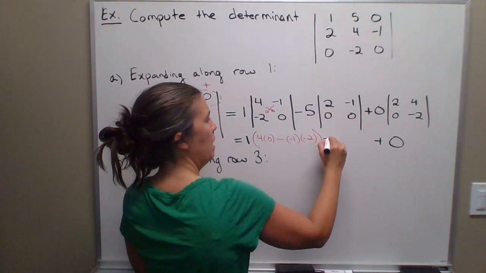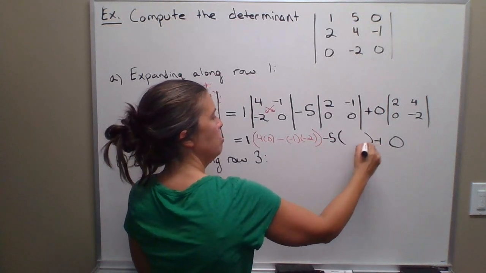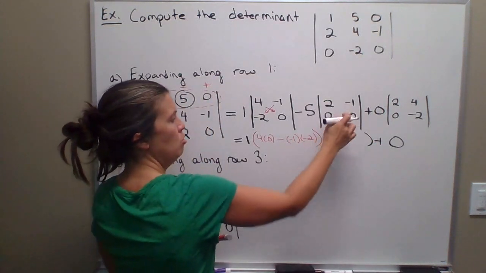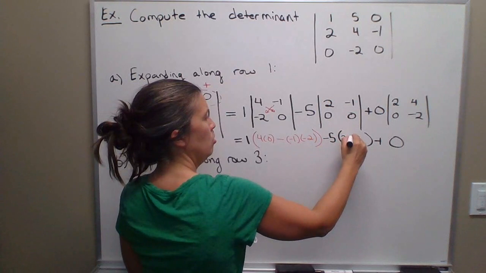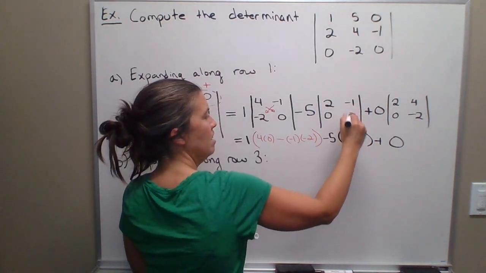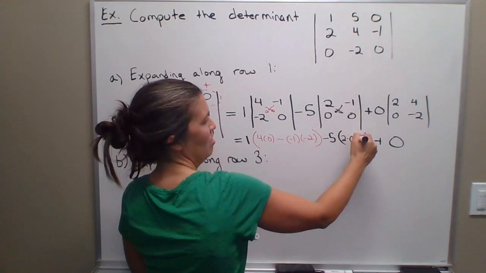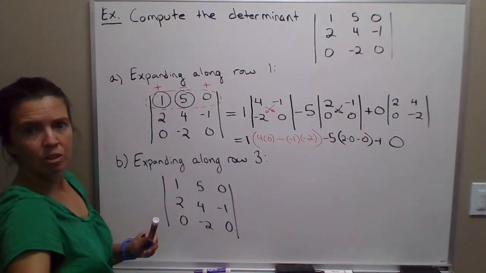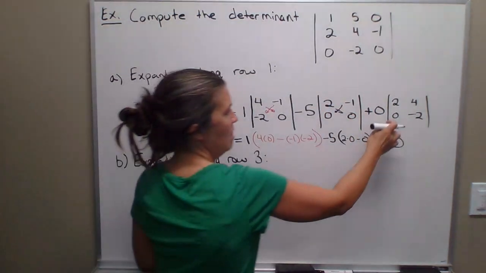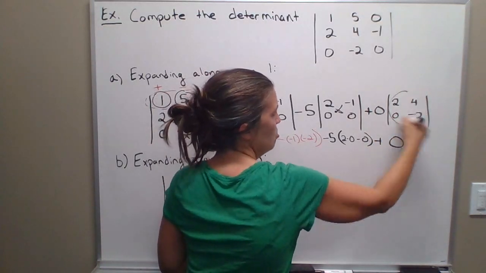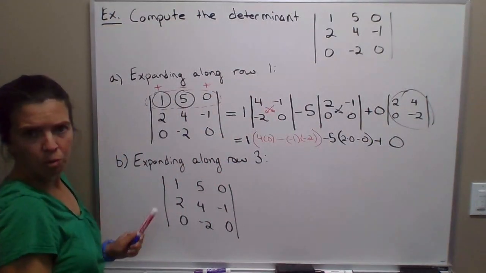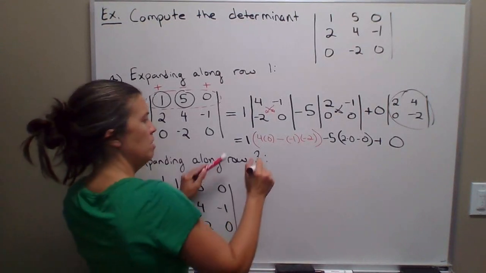And then minus 5 times the determinant here, which would be 2 times 0 minus -1 times 0. Well, let's stop beating around the bush. That's just going to be 0. And then 0 times this determinant, but who cares at this point? We know we're multiplying by 0, so that's going to be 0 there.